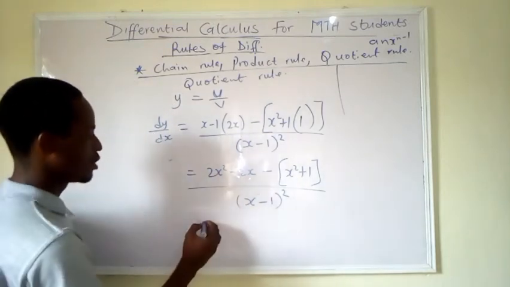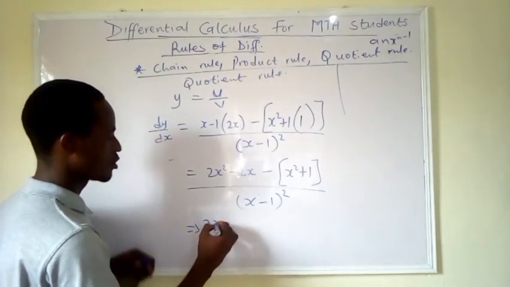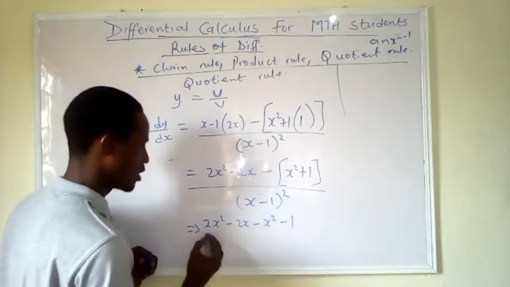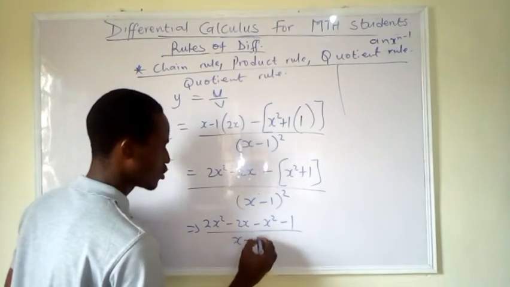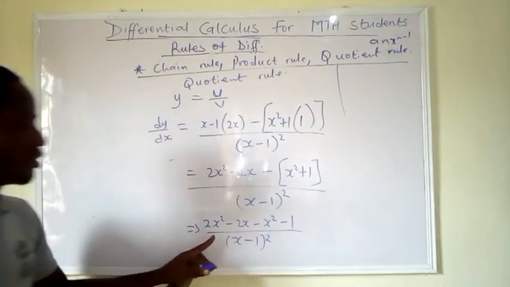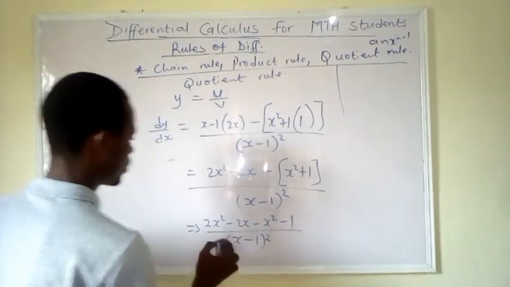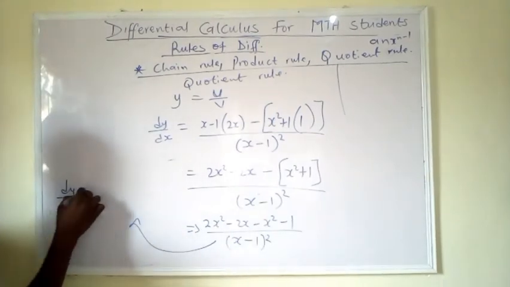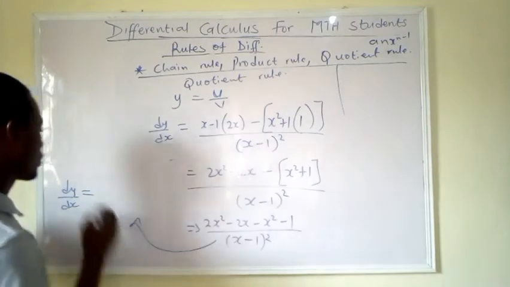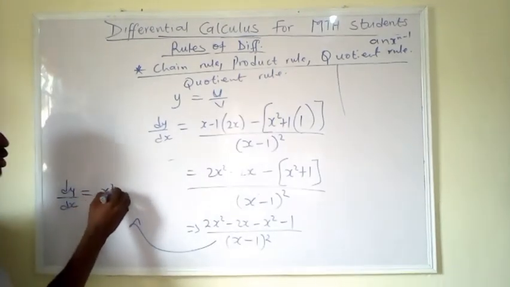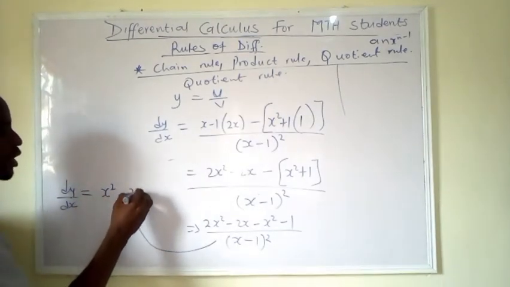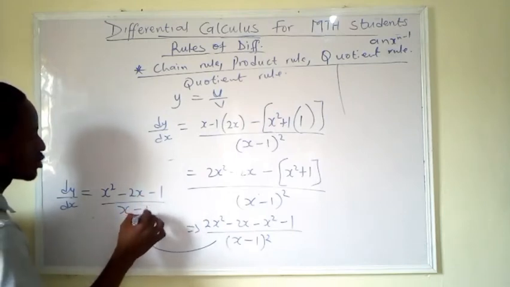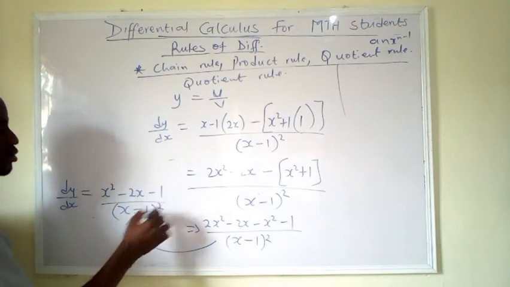And this gives me 2x squared minus 2x minus x squared minus 1 all over (x minus 1) squared. And that gives me dy/dx will now be equal to x squared minus 2x minus 1 all over (x minus 1) all squared.